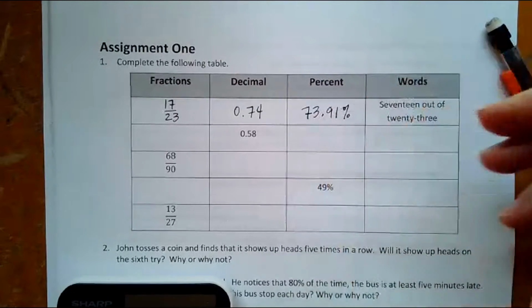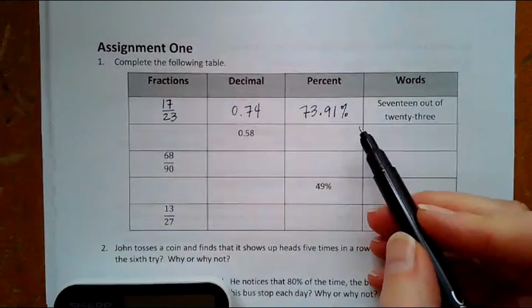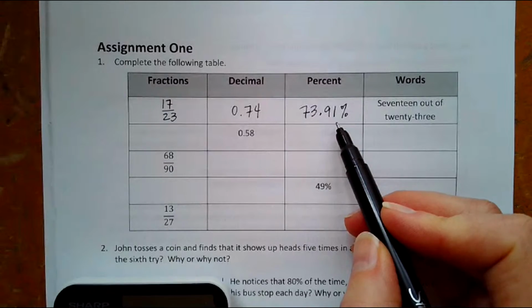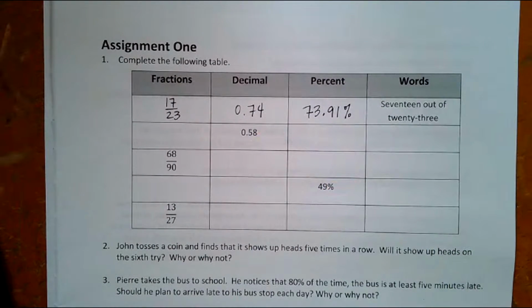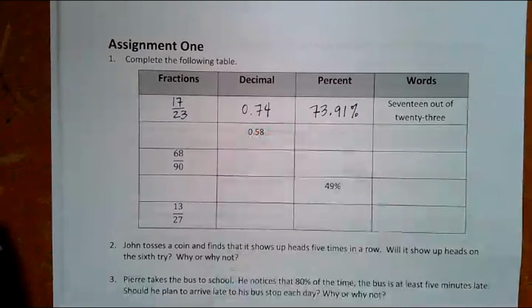Be very careful about that because we want the 2 appropriate decimal numbers. So this one had to be rounded, but you have to keep the whole number in your calculator when you multiply by 100. Otherwise, you're going to have an incorrect percent. I don't want to see a 74% here. That would be rounded too much.